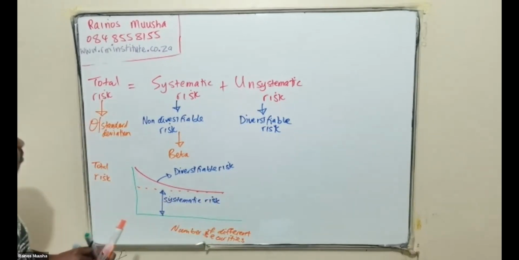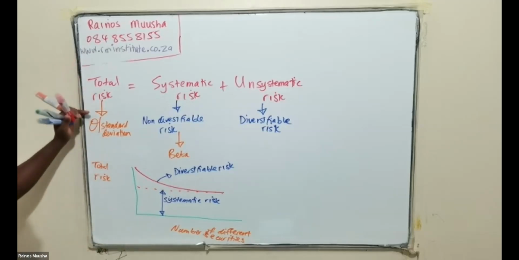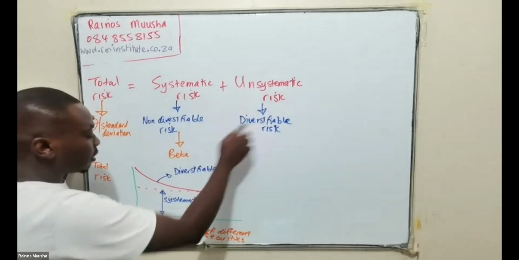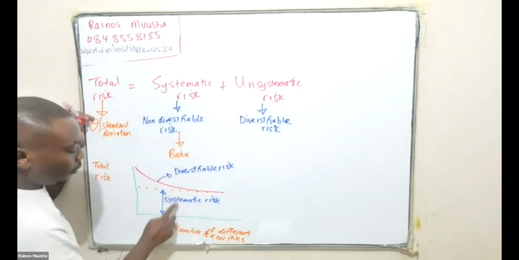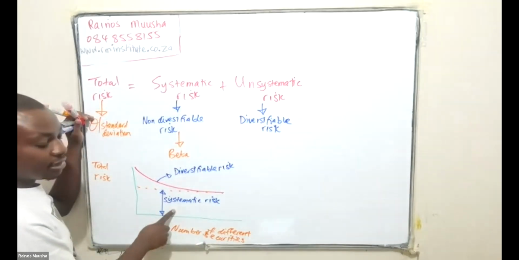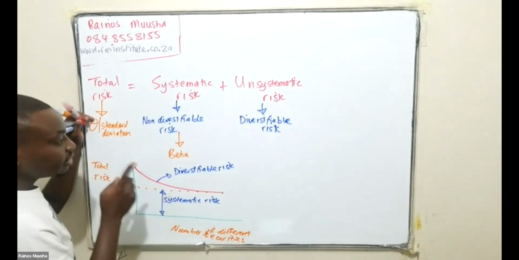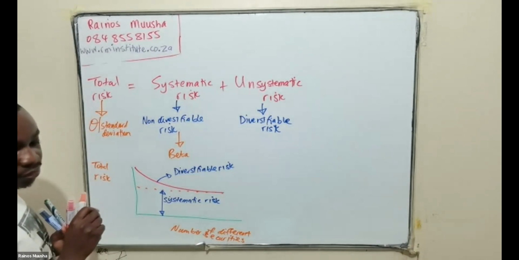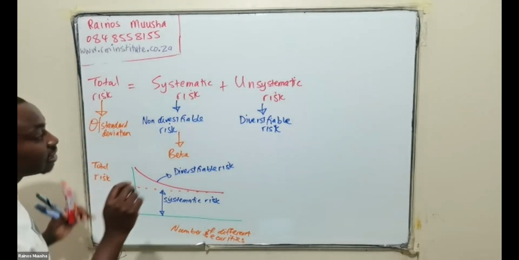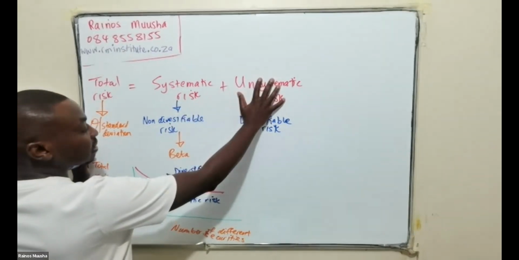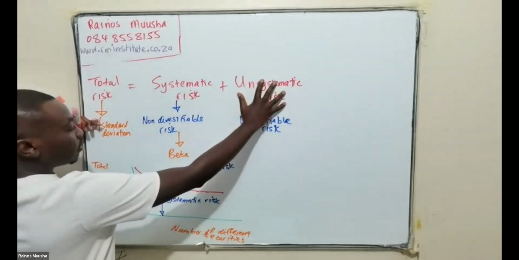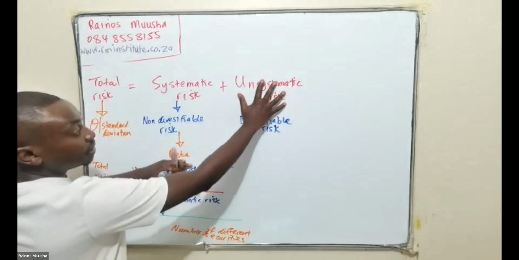So which means the total risk of a portfolio can reduce to such an extent that you're only left with systematic risk. So which basically means that when your portfolio is fully diversified, this diversifiable risk is going to be zero, which means your total risk is going to be represented by the beta.